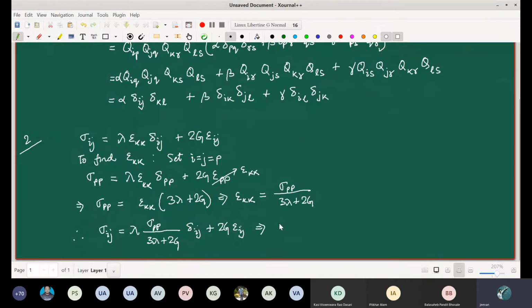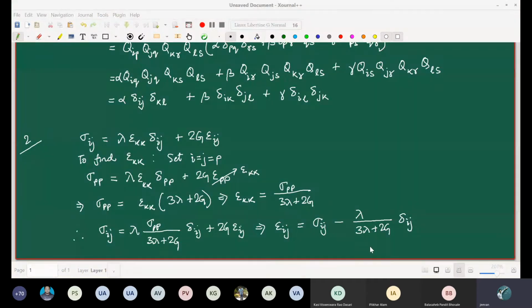So all that you have to do here is write epsilon ij is equal to sigma ij minus lambda by 3 lambda plus twice g delta ij. All right. I hope this is clear to everyone.